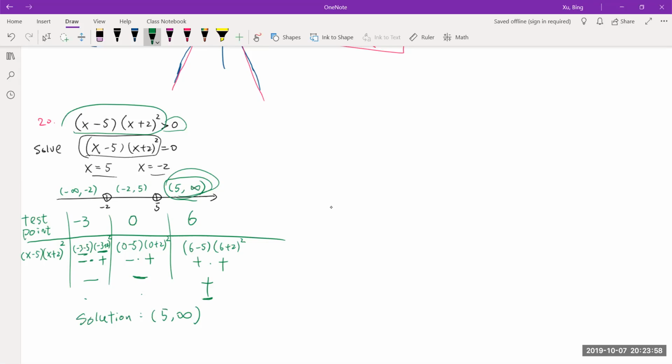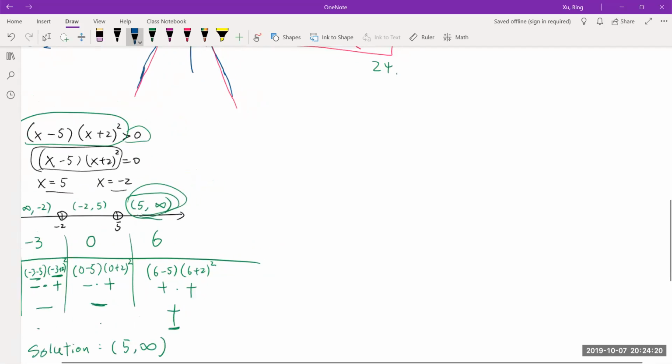All right, now let's look at problem number 24 in the textbook. So right over here, 24. Okay, so 24 is too small. You know what?